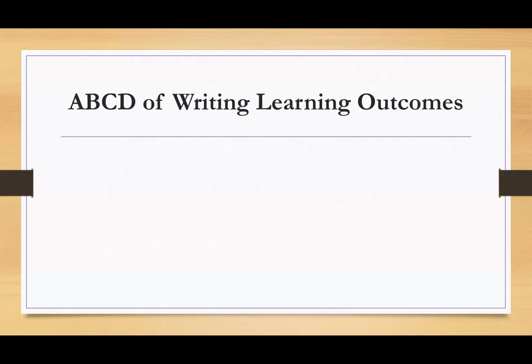Let's look into the ABCD of writing learning outcomes. A stands for audience. We need to describe who is performing the behavior. And definitely, it is our learners, our students.